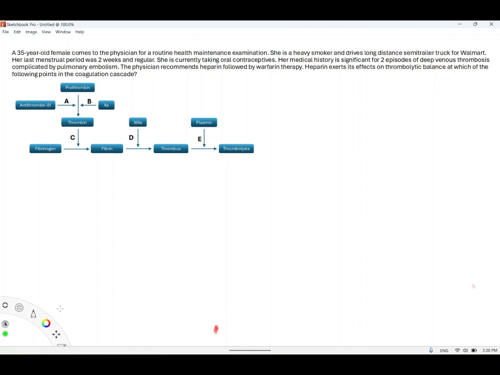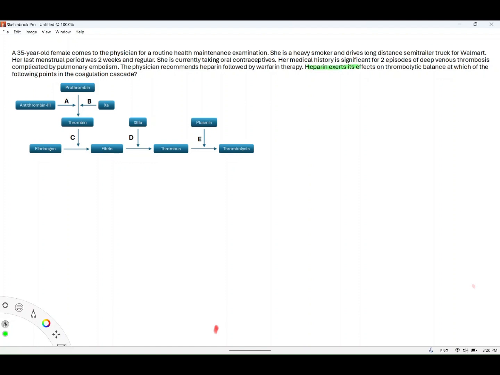Her medical history is significant for 2 episodes of deep venous thrombosis and pulmonary embolism. The physician recommends heparin followed by warfarin therapy. Heparin exerts its effect on thrombolytic balance at which of the following points in the coagulation cascade?